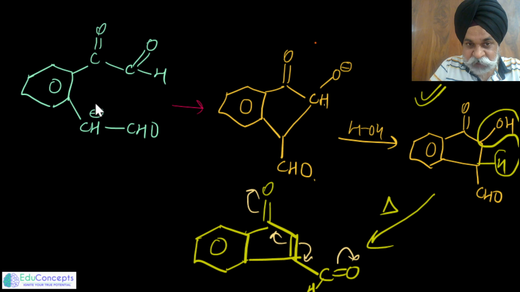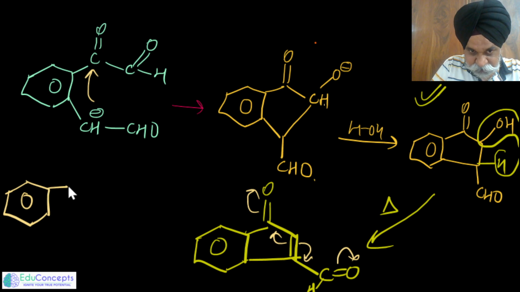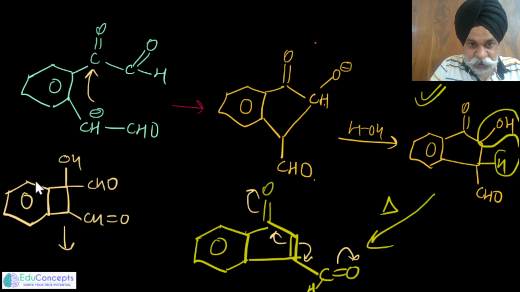Now, if I had attacked from this position, I would have got an answer of this nature. This would have CHO here and CHO here. And ultimately on heating, if I had gone to this side, I would have received this sort of compound.